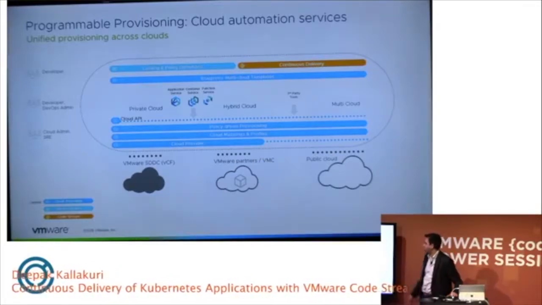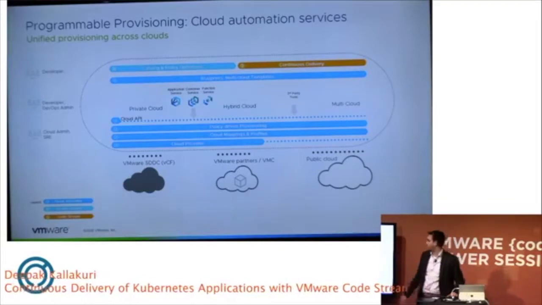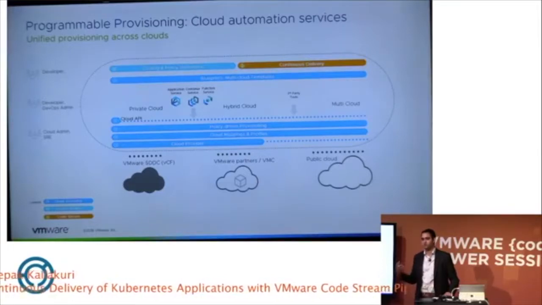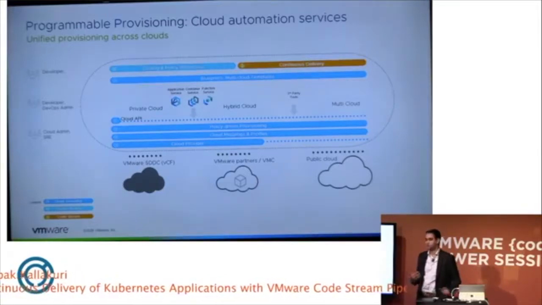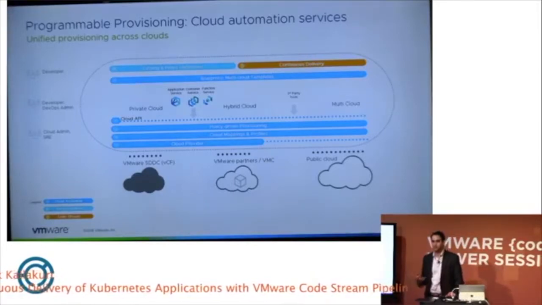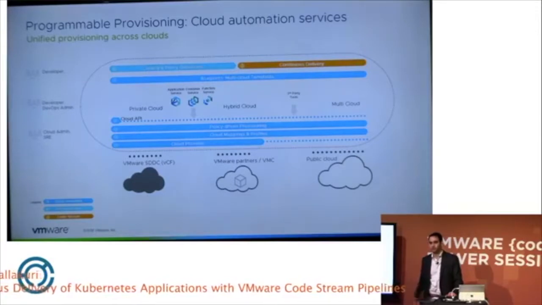That's continuous delivery. The third service that we just launched is the catalog and the policy definitions that help you define policies to deploy across multiple clouds. These three services work in tandem. Essentially, CodeStream could leverage Cloud Assembly blueprints to make deployments to Kubernetes or traditional application VMs.